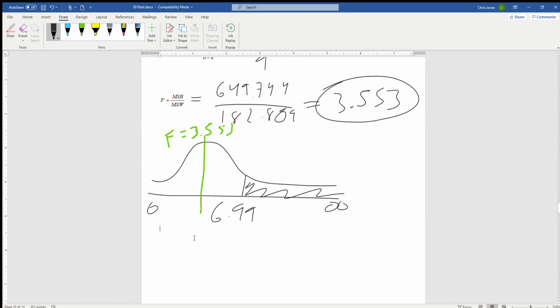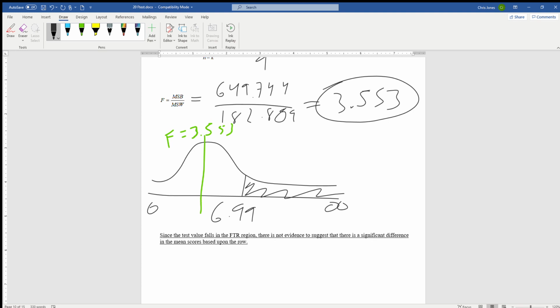So we're going to say, since the test value falls in the fail to reject region, there is not evidence to suggest that there is a significant difference in the mean scores based upon the row.